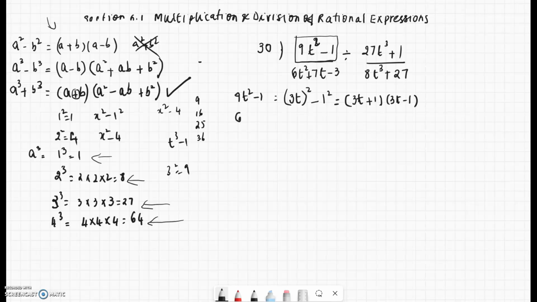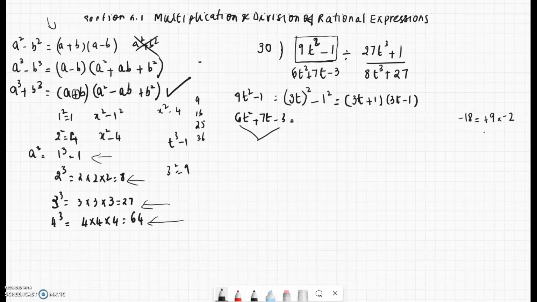Let's look at 6t squared plus 7t minus 3. 6 times negative 3 is negative 18. Negative 18 can be written as positive 9 times negative 2.